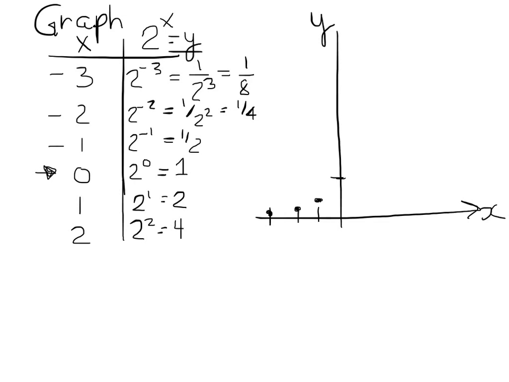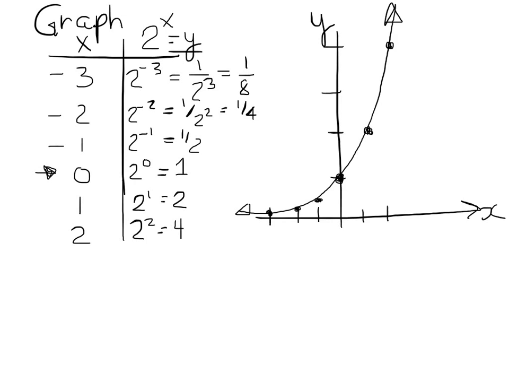Here's my 1. And I have a point there at 0, 1. And then when x is 1, I'm at 2. And when x is 2, I'm at 4. So way up here. Alright, let's draw a line, connect our dots. This is a continuous function. No jumps or gaps.